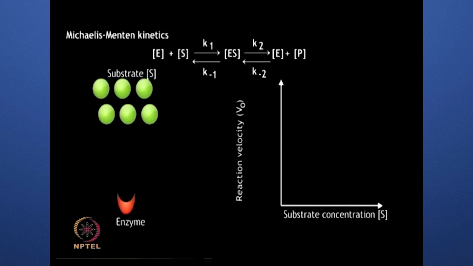The Michaelis-Menten model for enzyme kinetics assumes that the breakdown of the ES complex to give back free substrate is negligible, and also assumes steady state conditions whereby the rates of formation and breakdown of the enzyme substrate complex are equal.